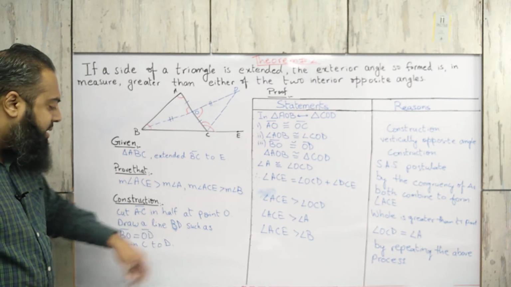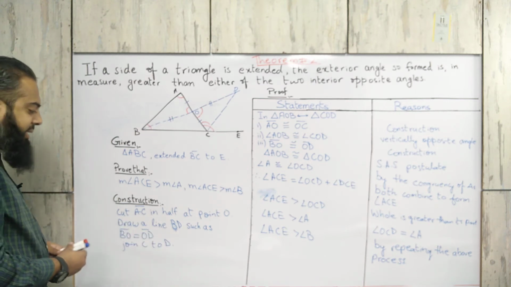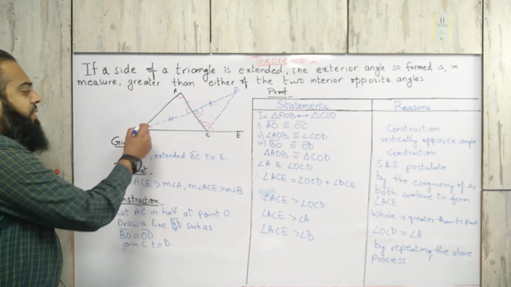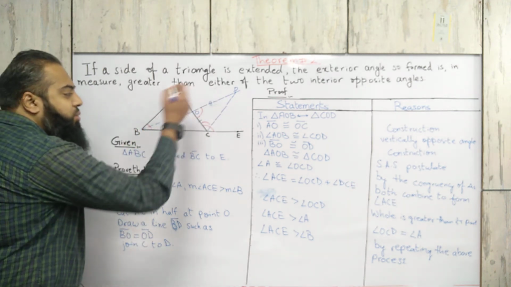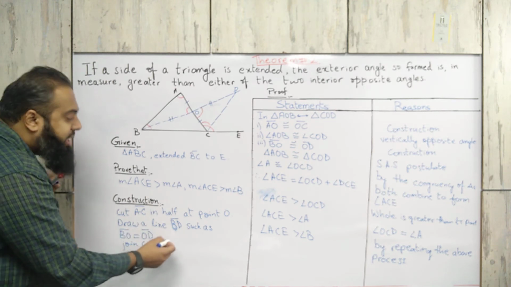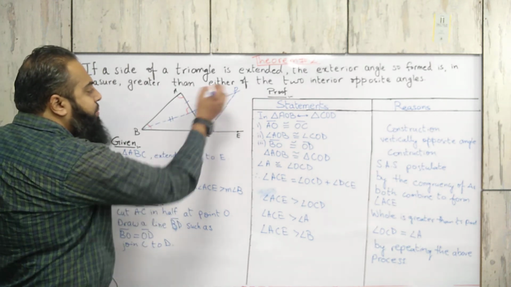Draw a line BD such that BO is equal to OD. The length of BO will be equal to length OD. Now join point C to point D. We have joined point C to point D.